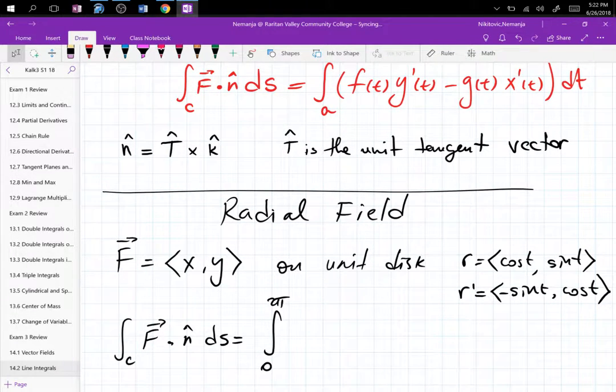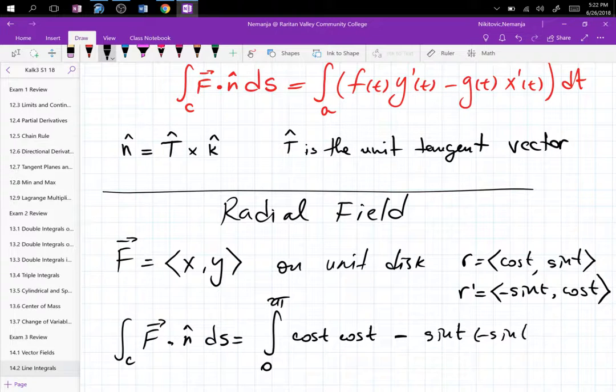F of t is x, and x is cosine t, times y prime, that's cosine t, minus g of t, which is sine t, times the derivative of x, which is negative sine t, and all of that dt.